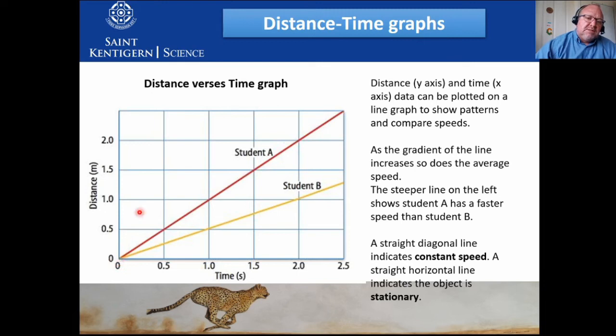So in this case, if we go from 0.5 seconds all the way down to 0, that was a very short time for a very far distance in comparison to student B. I hope that makes sense.